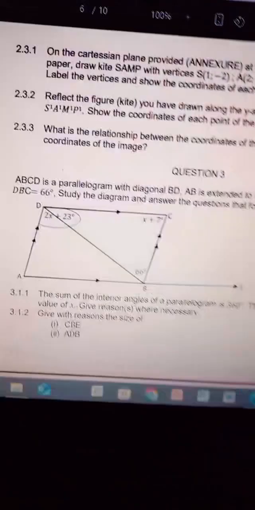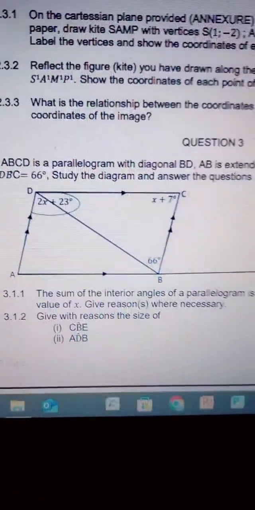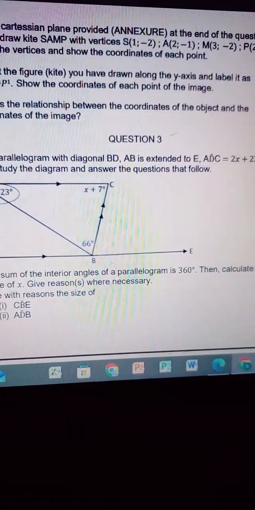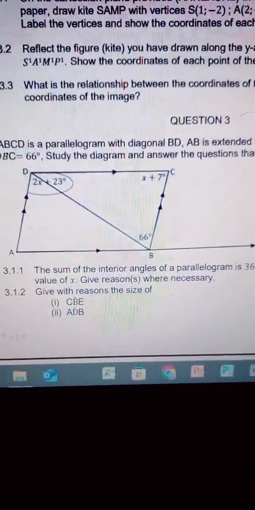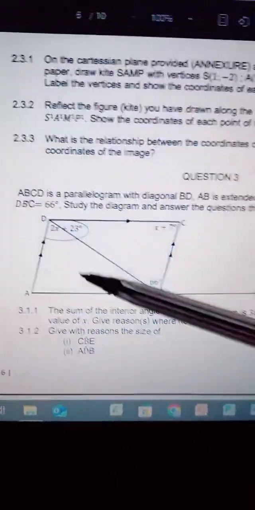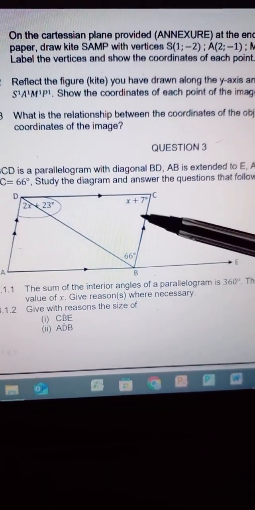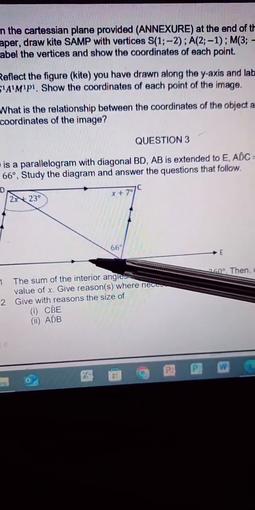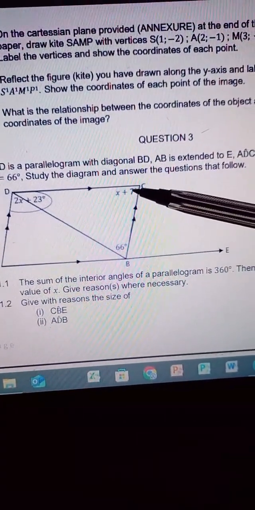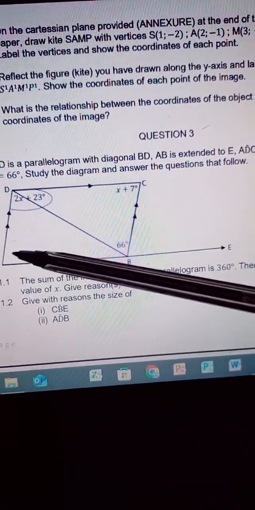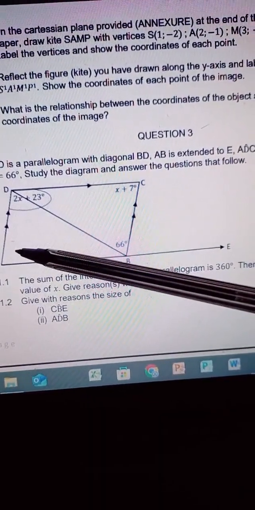You see, 3.1. The sum of interior angles of a parallelogram is 360. Then calculate the value of x. If you check the question, both sides are parallel. This side is parallel to this, right? So that means this angle is equal to this angle, which means this angle is x plus 7 also.